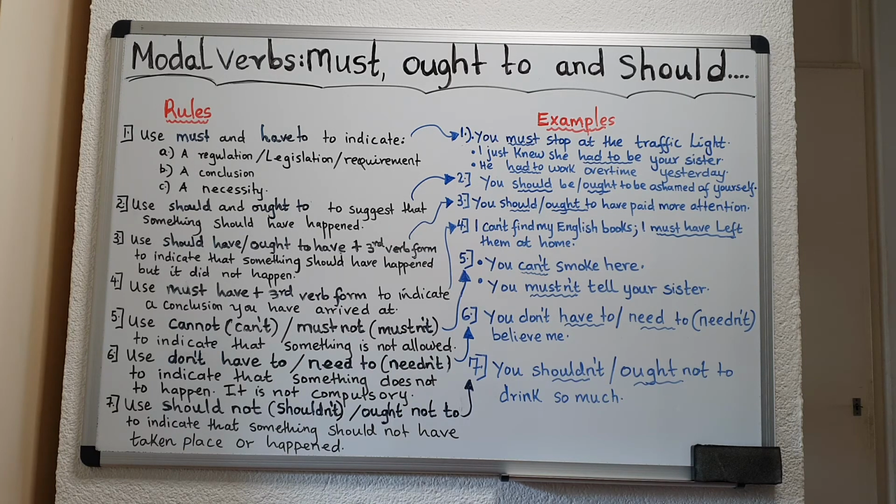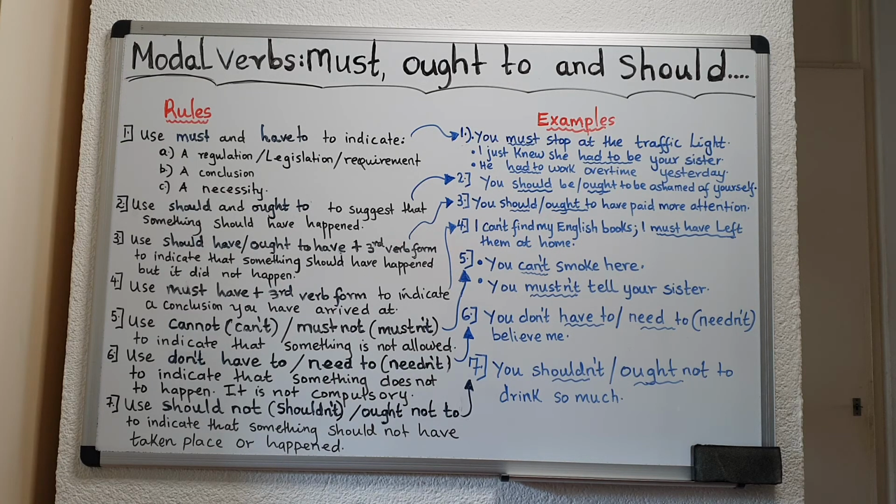Rule number 6. Use don't have to or need to, or the short form of need to, which is needn't, to indicate that something does not have to happen.